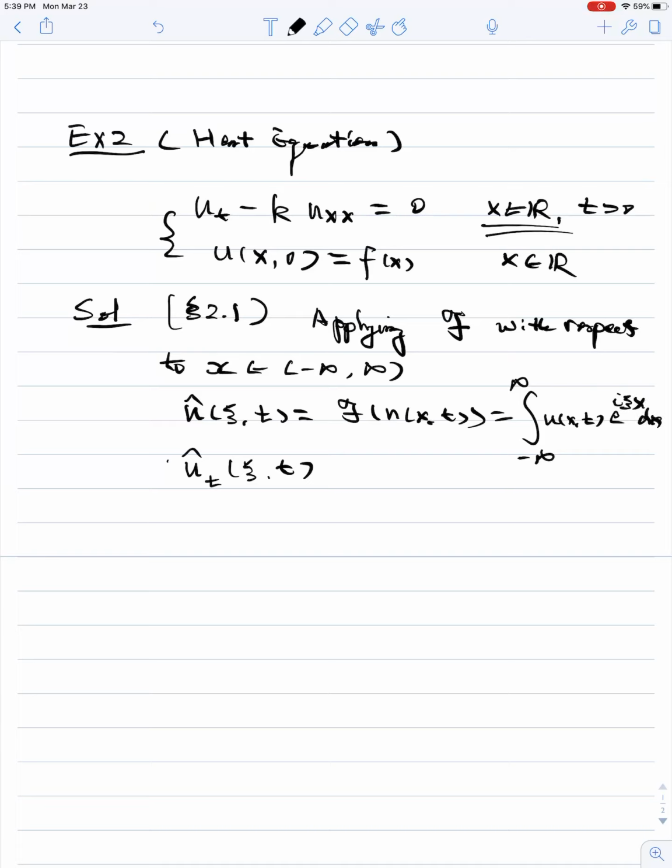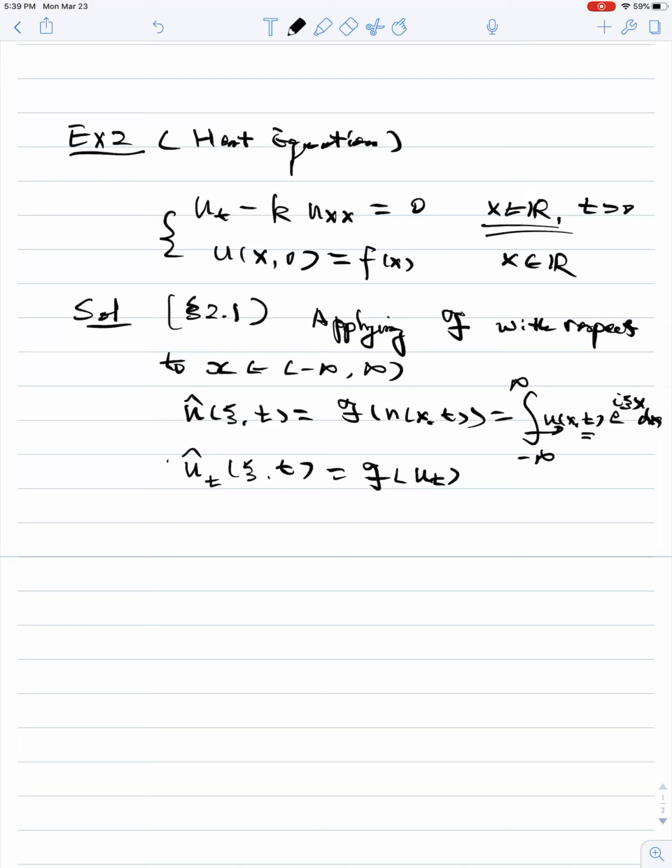So we did nothing with respect to the time variable. Therefore, when you apply the derivative, you can take the derivative inside the integral. So what you have here is û_t. On the other hand, the integration is with respect to x.